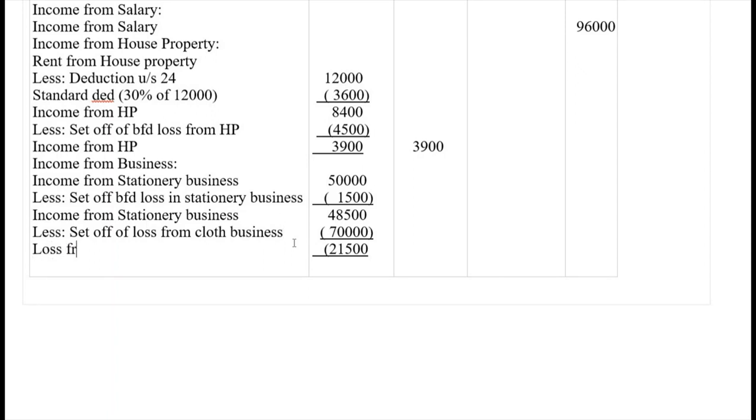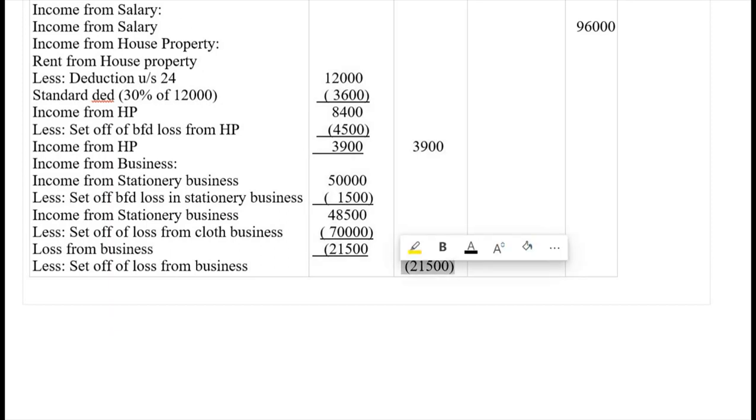So this is loss from business. This can be adjusted to the extent of less set off of loss from business, that is cloth business. So to the extent of 21,500. Now let me underline here.